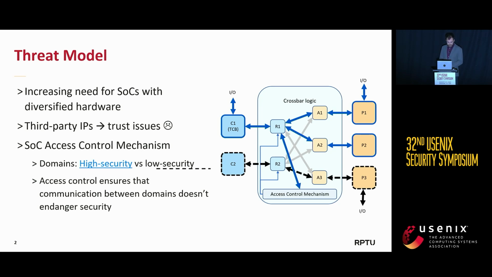But most importantly, we have to notice that this SoC's hardware is divided into two domains: a high security, fully trusted domain and a less trusted, low security domain. It is also equipped with a hardware access control mechanism, which ensures that the communication between those domains will not endanger the security of the high security domain, so its data and the operations running on it.